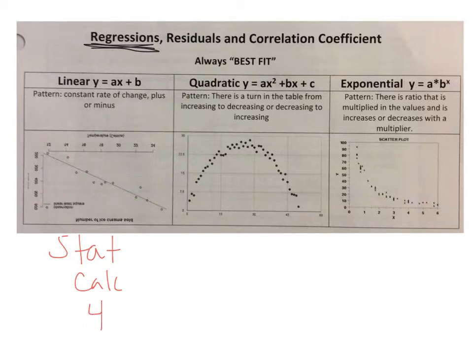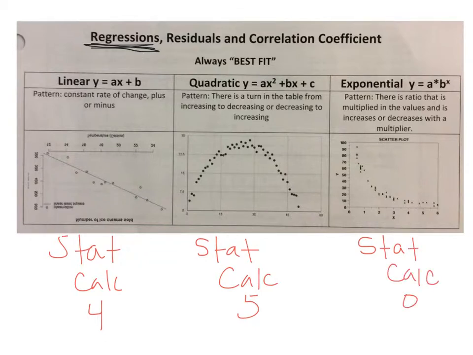And for my quadratic, we're going to use stat calc 5. And for exponential, we're going to use stat calc 0. Now remember, all this information can be put into our calculator.